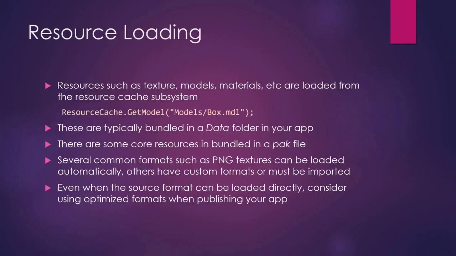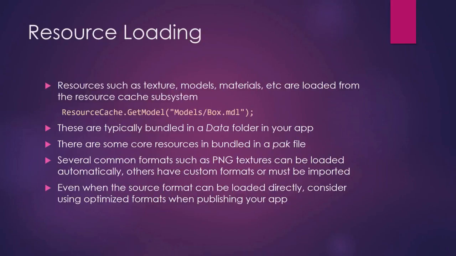Typically, you put these in a data folder in your app. On Android, they're assets. On iOS, they're bundle resources, and so on. And Urho knows how to load those. So you refer to them by their path within that directory.